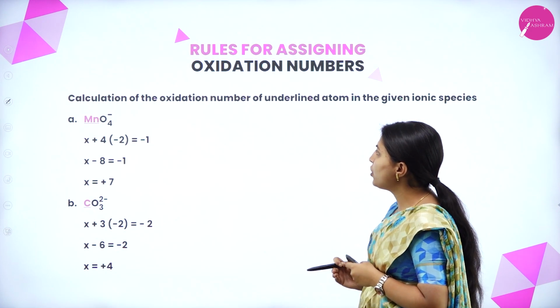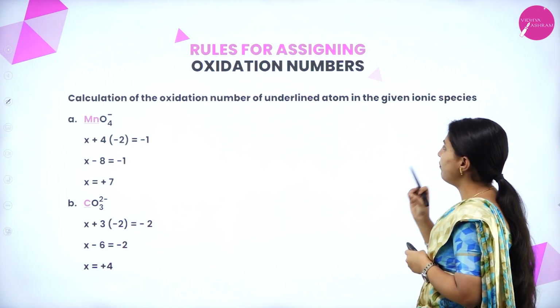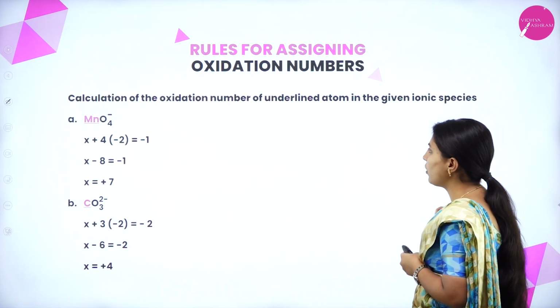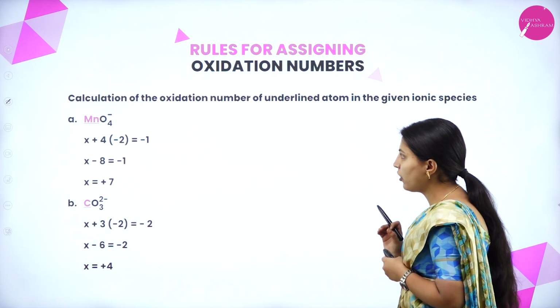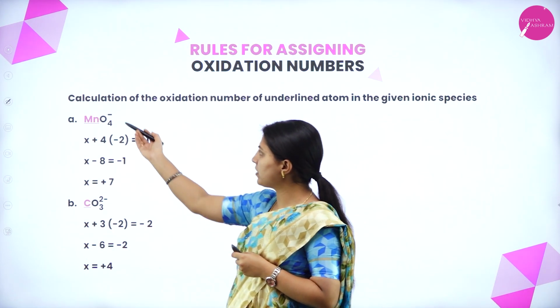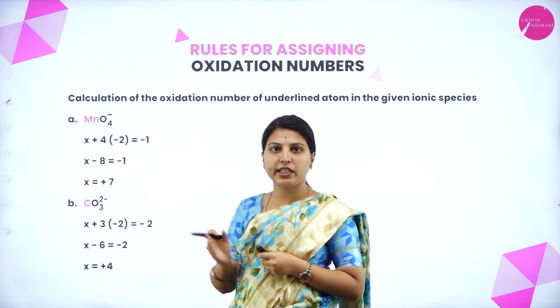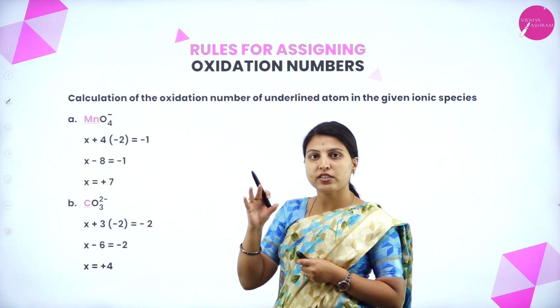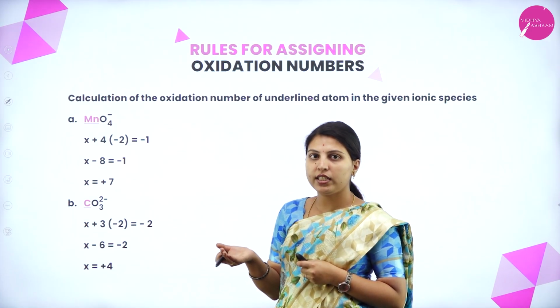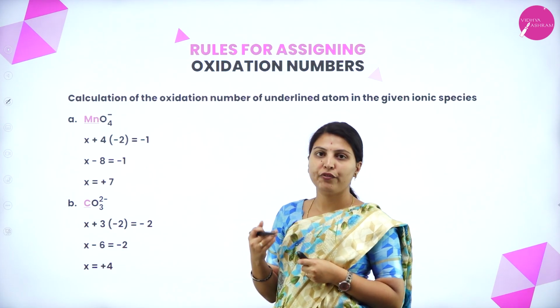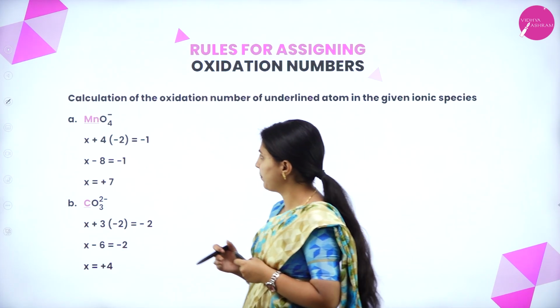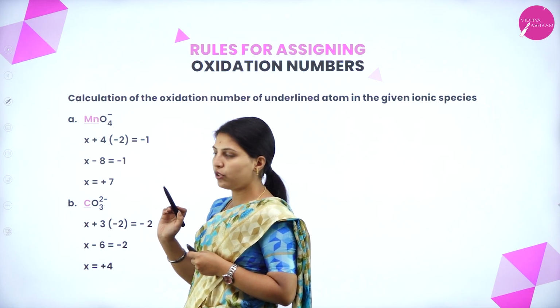Next, calculation of the oxidation number of the underlined atom in the given ionic species. What is an ionic species? Charges are present, cationic or anionic species. If a compound has ionic charges, how do you find the oxidation number? Here also for manganese, we don't know the oxidation number.